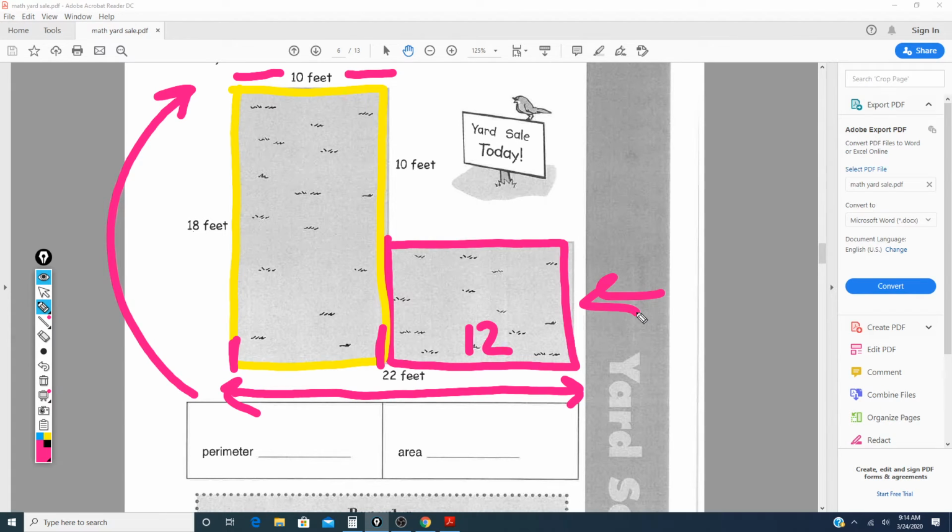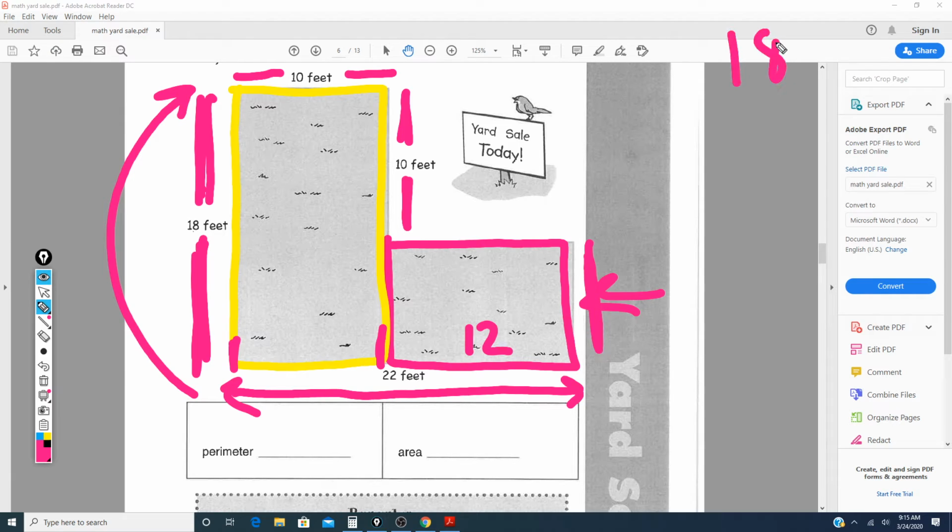Well, let's look. If the whole way across is 18 feet, and it's 18 feet the whole way down, and we know that this side, running parallel to the other side of the rectangle, is 10 feet, we can figure that this is going to be 18 minus 10, which is 8.